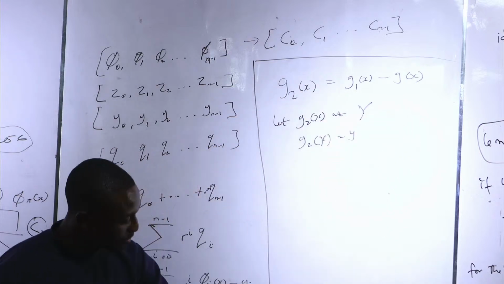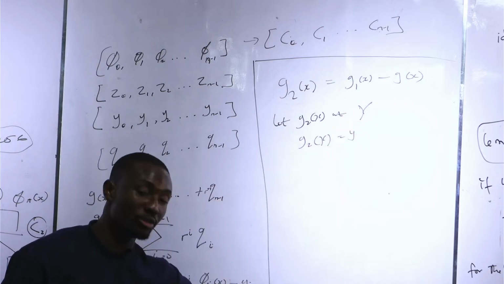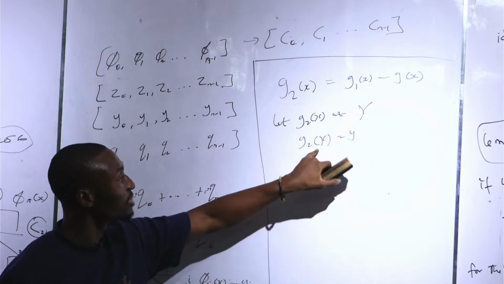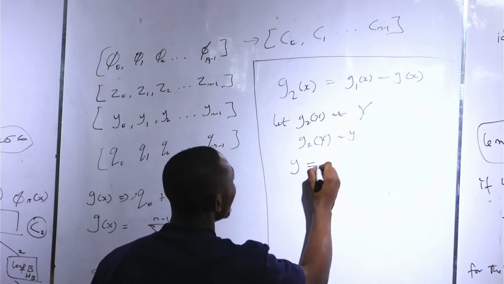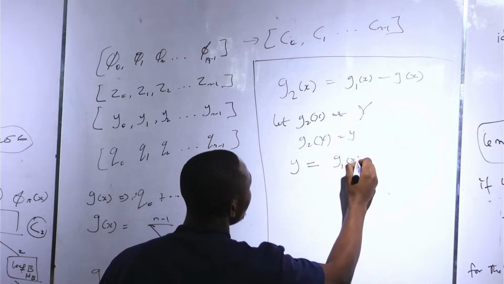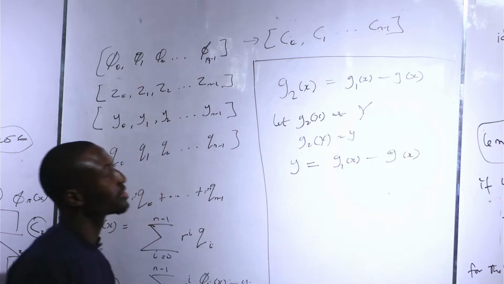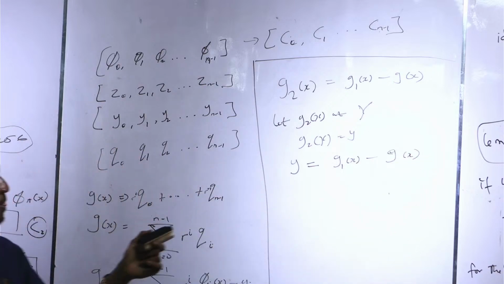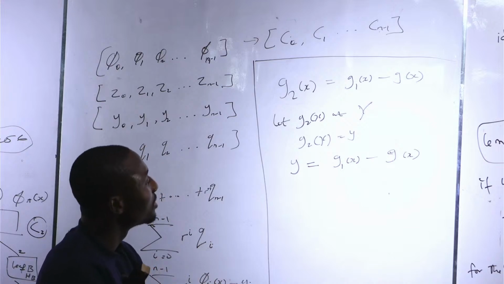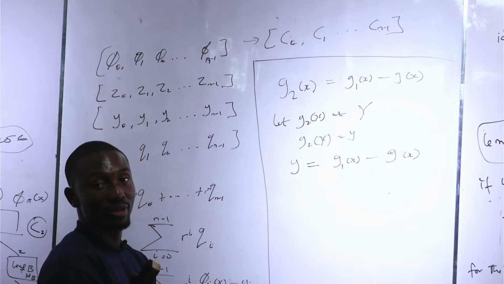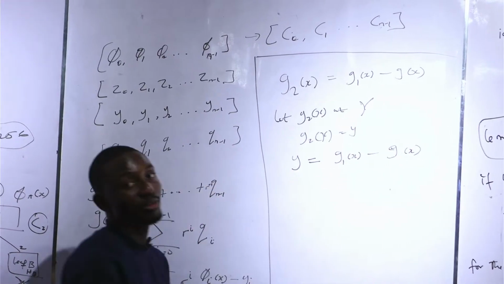Let's say we use this random value to evaluate this portion, and we get this y. So now we can see that y equals this. But from how we derive the quotients for the evaluation of a polynomial, this already looks similar to that kind of scenario now.